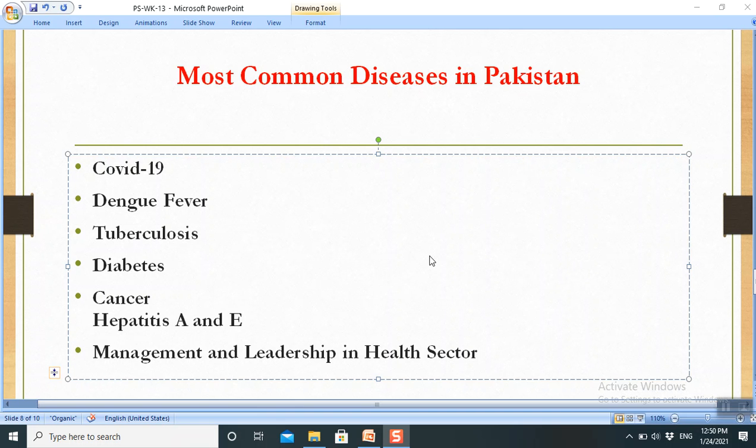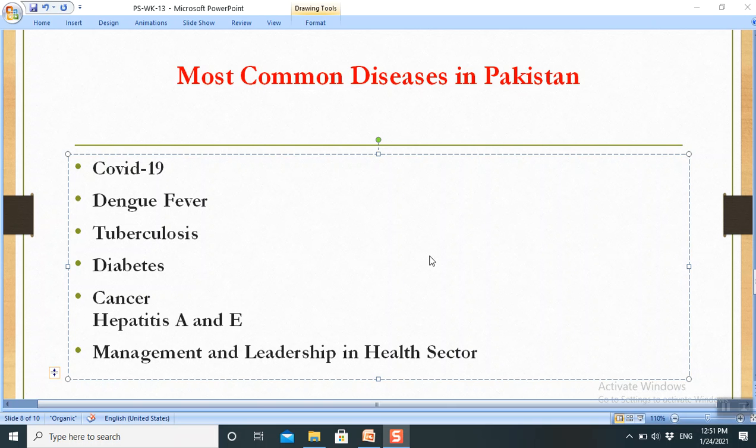Well, then dengue fever. Just before the spreading of COVID-19, dengue used to be a very common danger for the people, especially in thickly populated areas like Rawalpindi, Lahore, Karachi, and the neighboring areas. Dengue was really the worst and it killed lots of people.